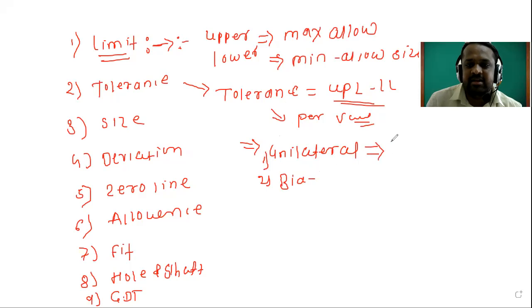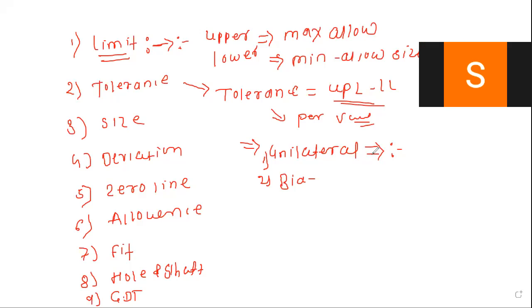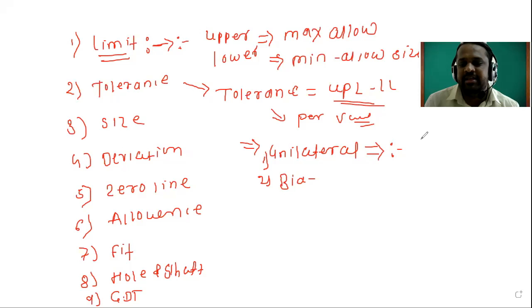What is meant by the unilateral? When we show the tolerance on only one side of the basic size, either on the plus side or on the negative side, then we call it unilateral tolerance.